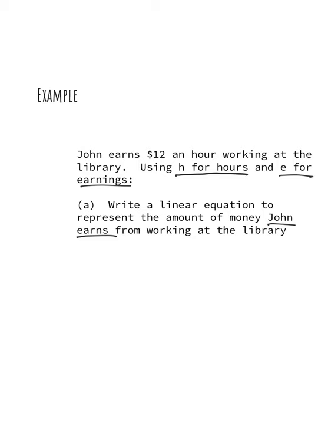So the amount of money that he earns, which would be represented by E, is going to be based on how many hours he works, and how much money he's paid every hour. Here they told us that he's paid $12 each hour. Now, we don't know how many hours he works, but that's okay.